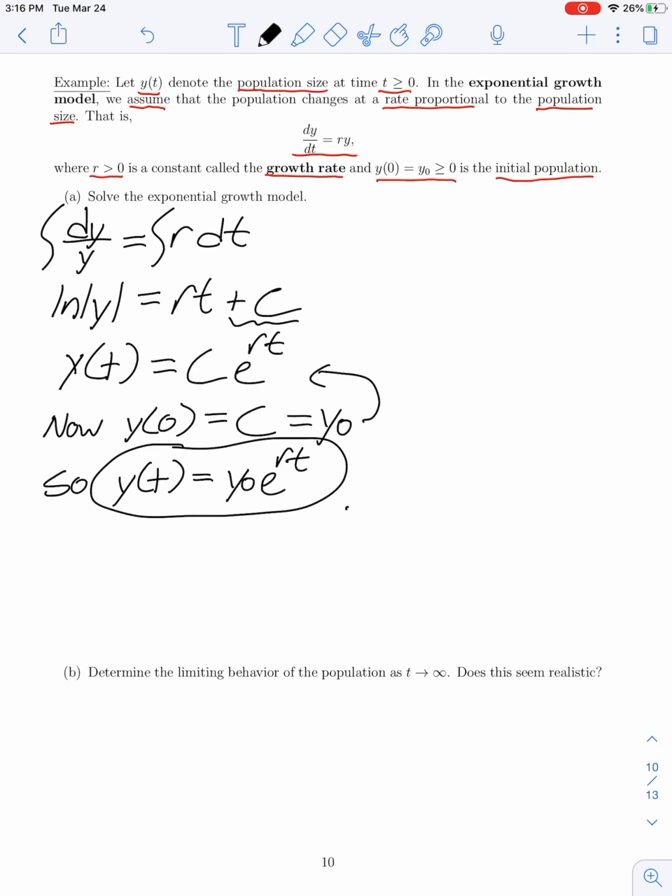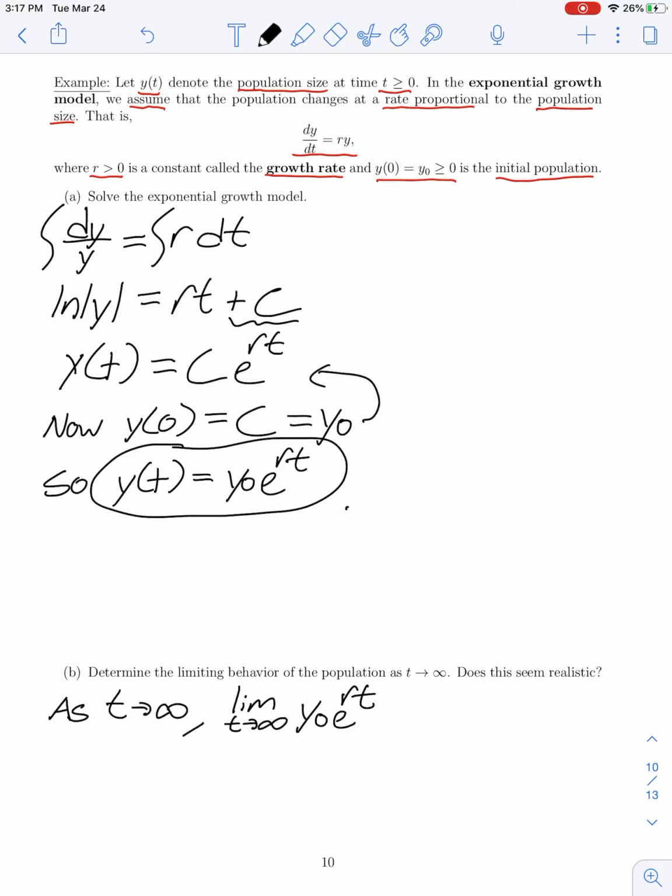Now, in part B of this question, we're asked to determine the limiting behavior of our population as time goes on forever. And then we ask the question, does this seem realistic? So let's ask ourselves, what happens to y of t as t becomes large? So we're going to be looking at a limit of y naught times e to the rt as t gets large.